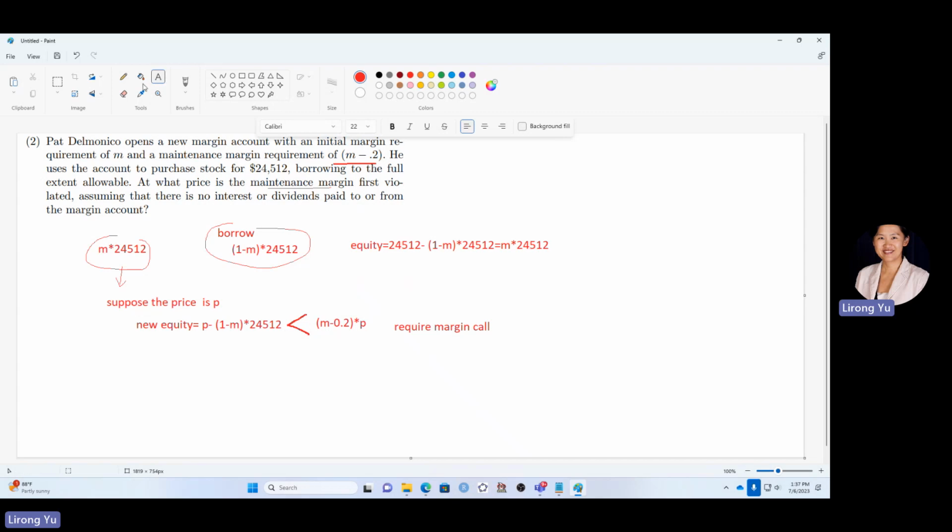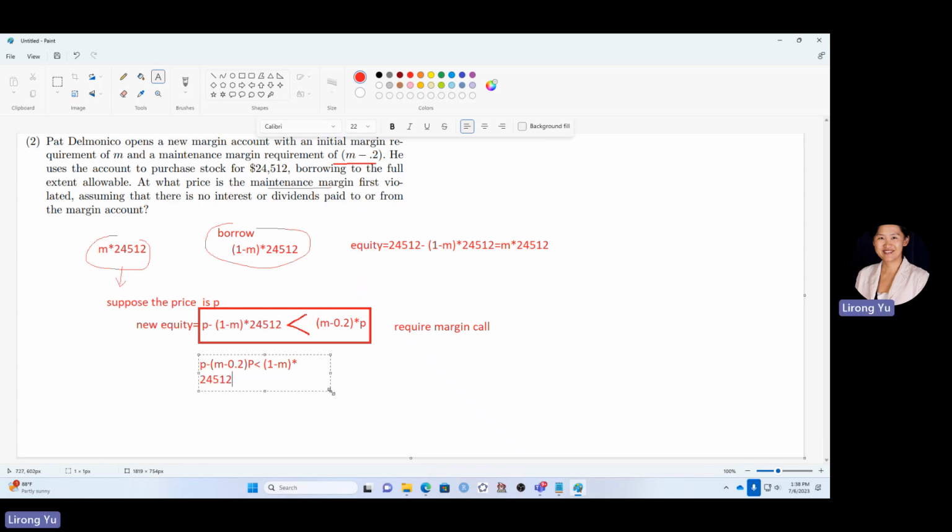So in this case, all that is left is to solve this equation for P, to find at what price it will violate the maintenance margin requirement. All we have to do is solve for P, and you move the terms that have factor P to the left side of the equation. So it's P minus (M minus 0.2) times P will be lower than (1 minus M) times 24512.